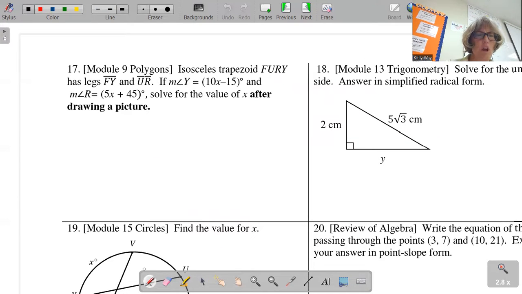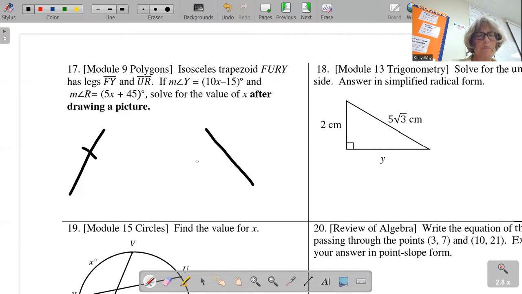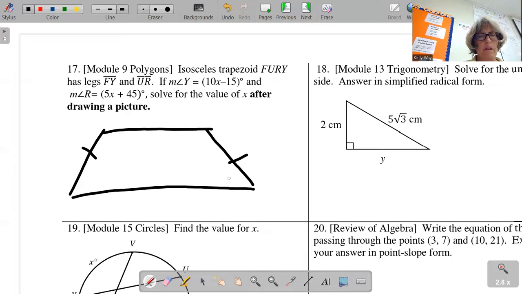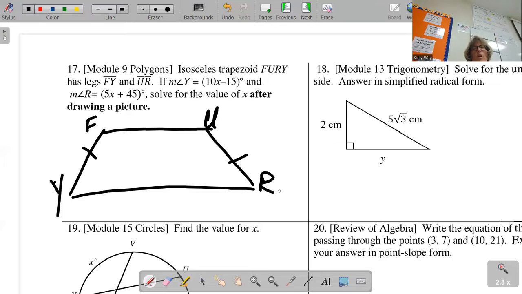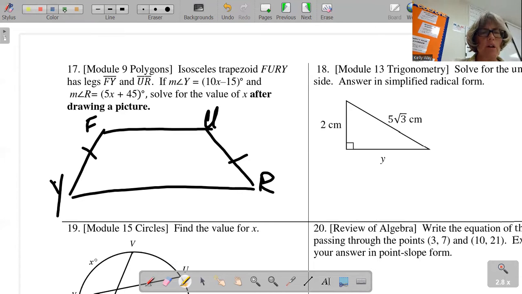We have another isosceles trapezoid, FURY. It says right here that the legs are FY and UR.